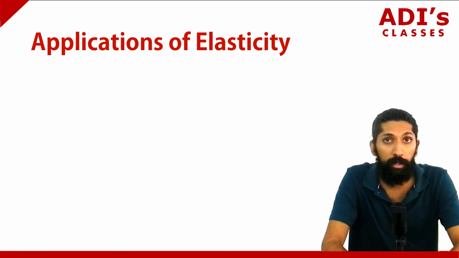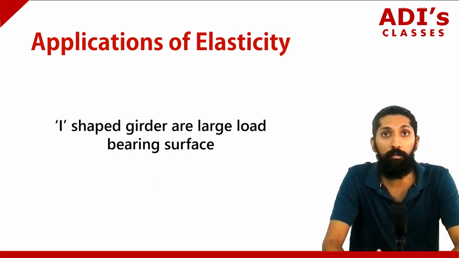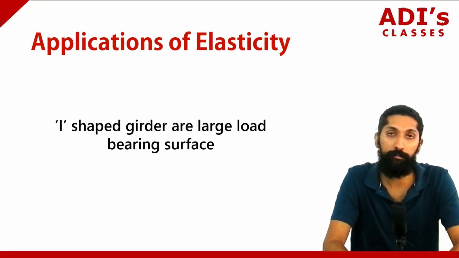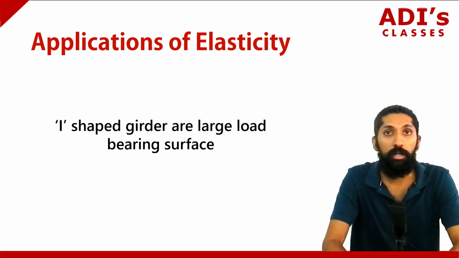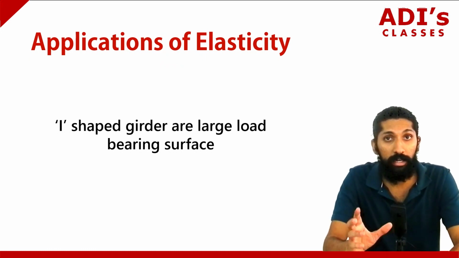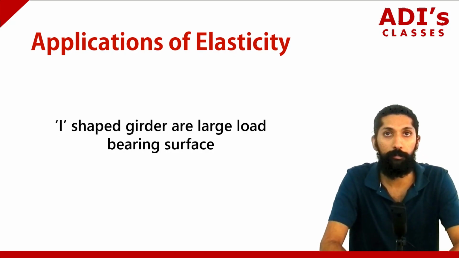For this girder, we use the I-shaped beam, so this has more load bearing capacity. Understood? This is going to stabilize the bridge, and the depression is going to reduce.